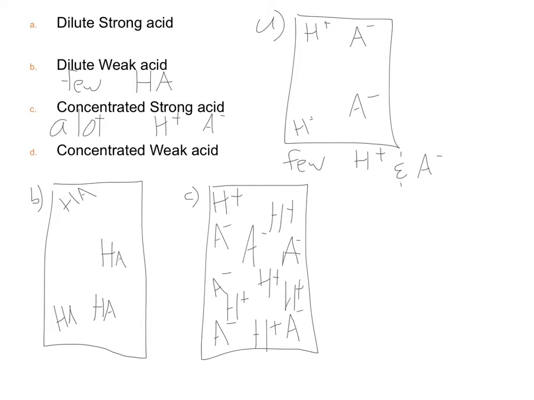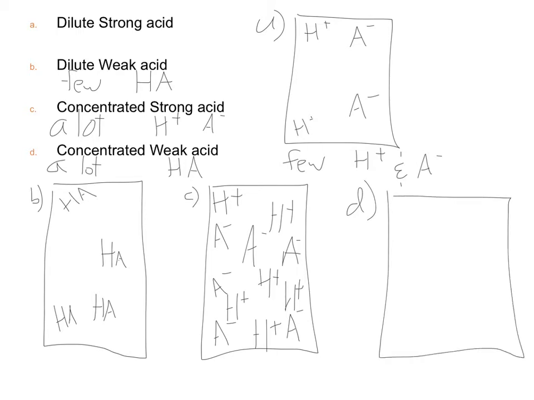There's water in the background of these too, but we don't typically draw the solvent. Concentrated again means a lot, and weak means it favors the reactants, HA. So if I were to draw this one and visualize what the particles look like, they're all HA molecules. None of them are broken apart. There are no charges on them.